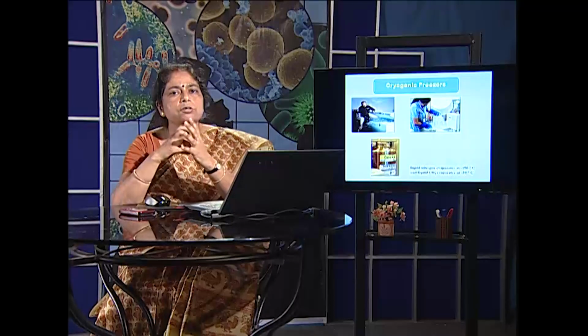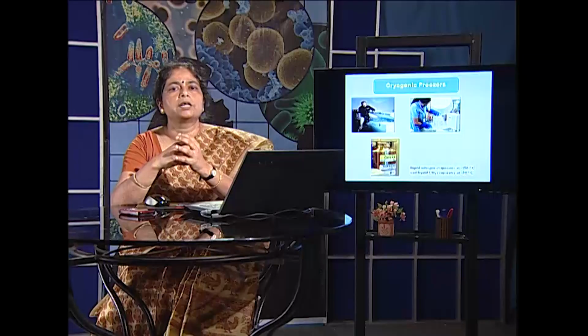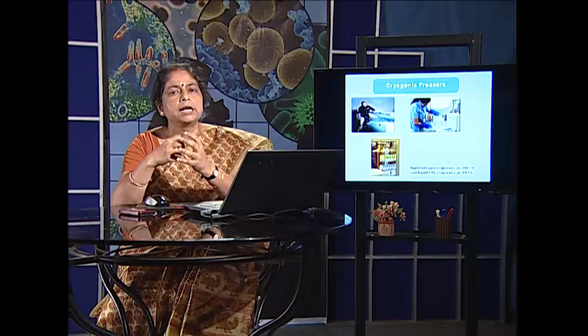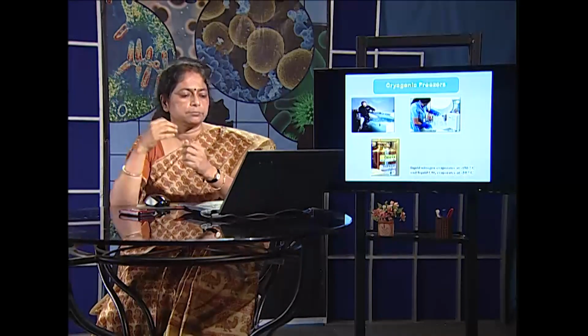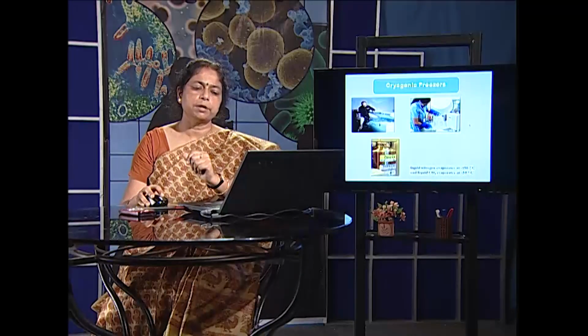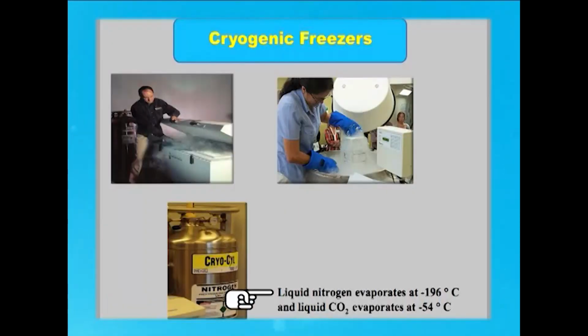And when it comes in contact with the liquid nitrogen and liquid carbon dioxide, it immediately vaporizes. Liquid nitrogen vaporizes at minus 196 degrees Celsius, whereas liquid carbon dioxide evaporates at minus 54 degrees Celsius. So these extremely low temperatures are maintained with the help of cryogenic freezers.